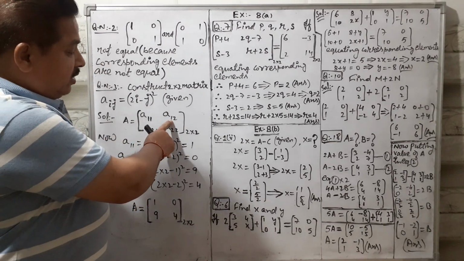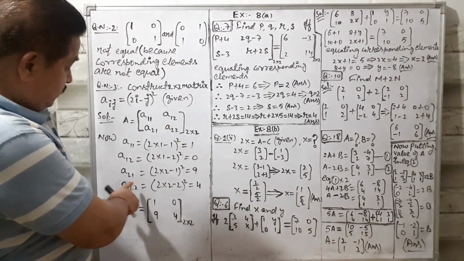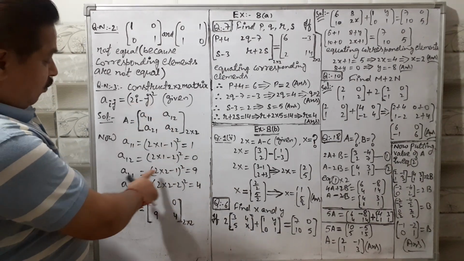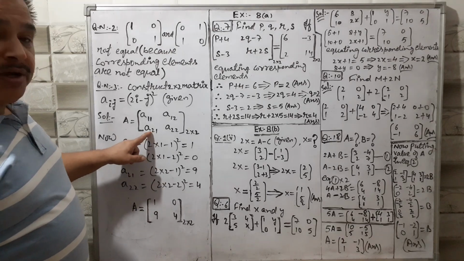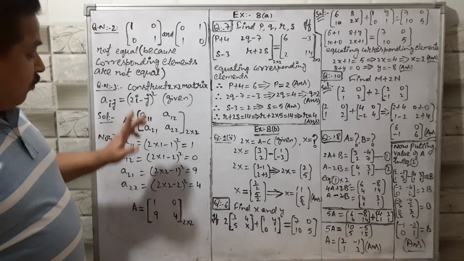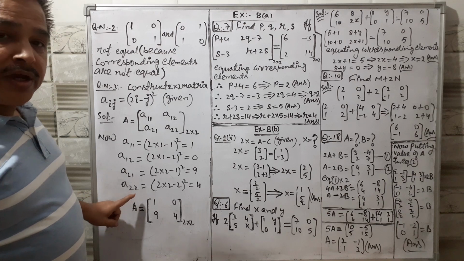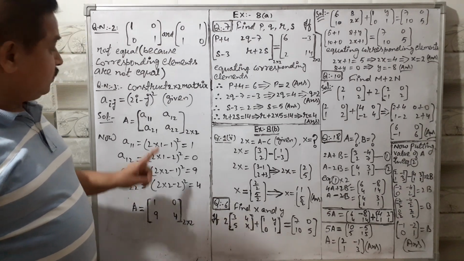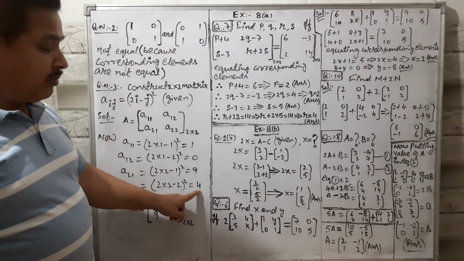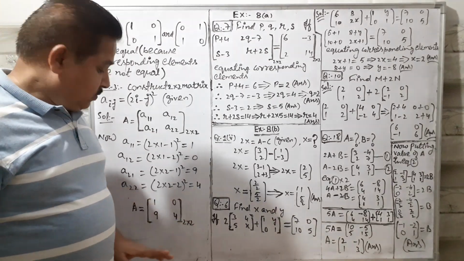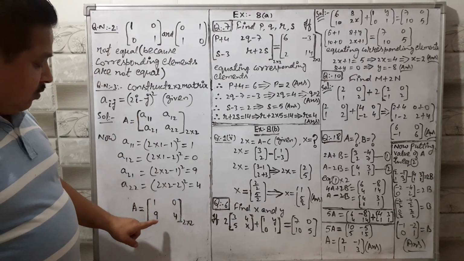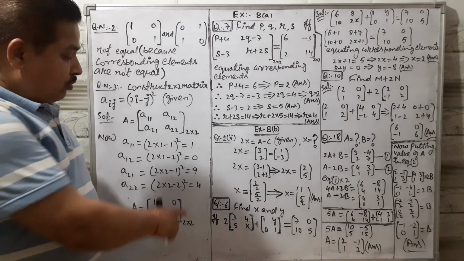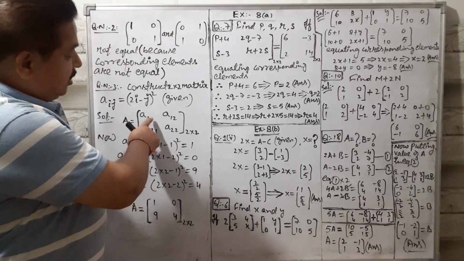A12, I is 1 and J is 2. Put in the same formula. It will come 0. Similarly, A21, put in the same formula. A22 means I is 2, J is 2. In this, it is coming 4. Now, your answer will be 1, 0, 9, 4. Put the values of all these here.